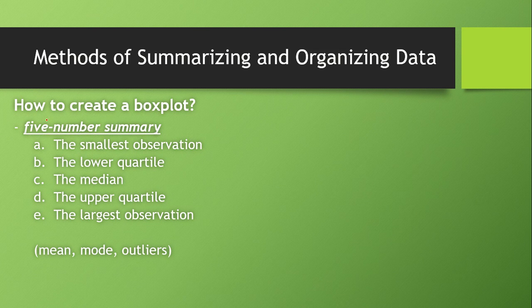Now, in creating a box plot, we need the following: the smallest observation, that's our uppercase X min, then the lower quartile, that is our Q sub 1, our median, which is X curl, our upper quartile, which is Q sub 3, and our largest value, that's X max.